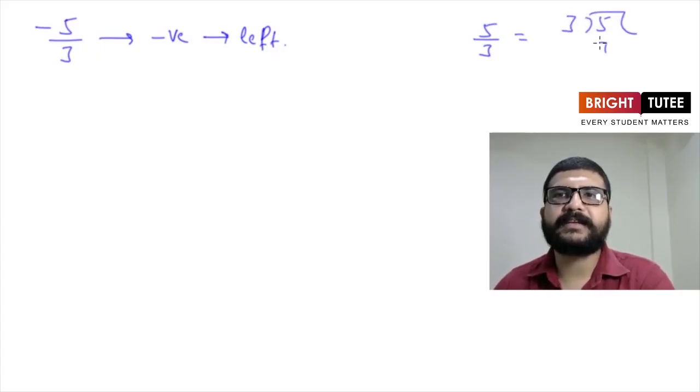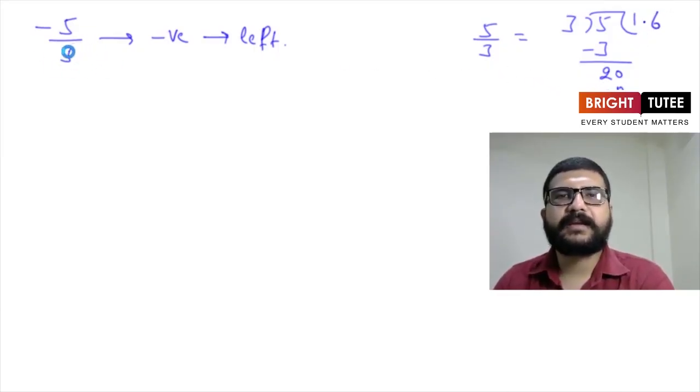Now 3 ones are 3, 5 minus 3 will be 2. So now we have to put a point here and we can put one 0 here. Now 3 sixes are 18. Now the remainder is 2 again, so it will be 6 here.